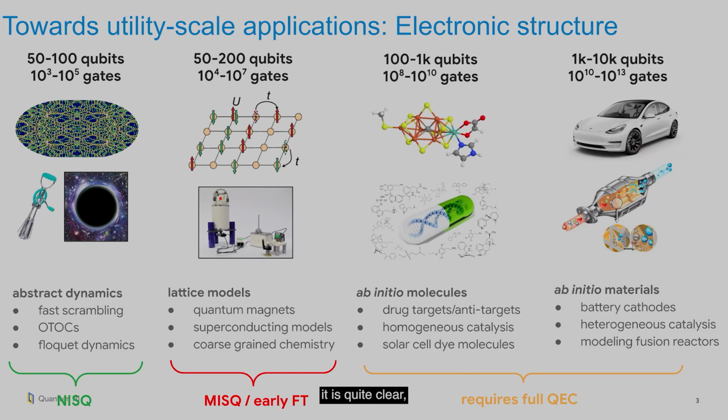But at this scale, it is quite clear what the problems are to solve and how fast we can solve them on these proposed devices. Generally speaking, these electronic structure problems will be ab initio simulations. So you have some first principles representation of a molecule or material, and then you simulate it on your quantum computer, such as by Hamiltonian simulation or phase estimation.